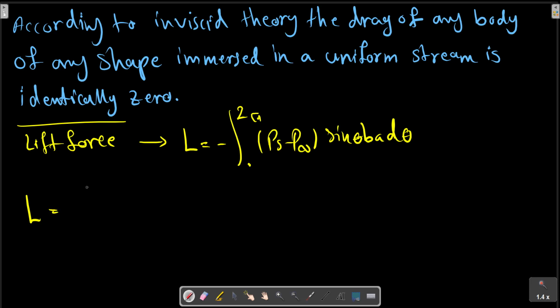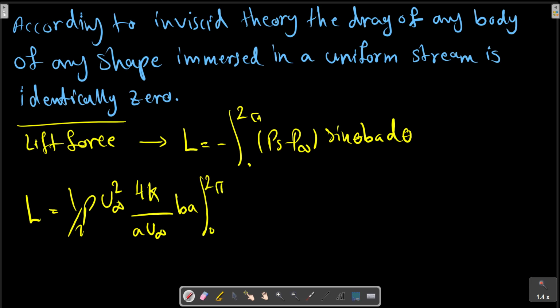We have a relation for P_s minus P infinity from the Bernoulli relation, with U infinity squared and 4K, integrated from 0 to 2 pi of sine squared theta.